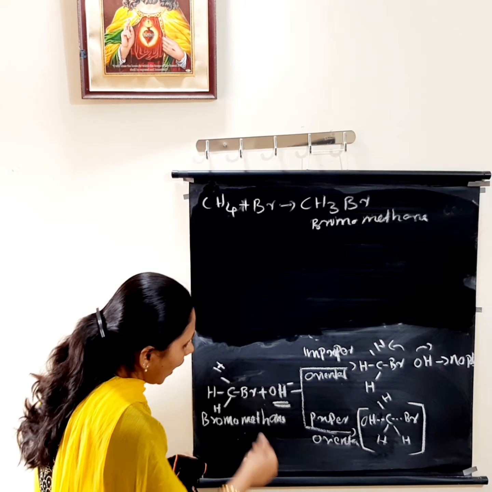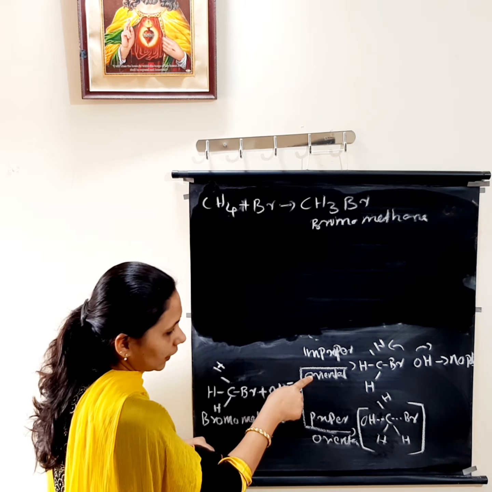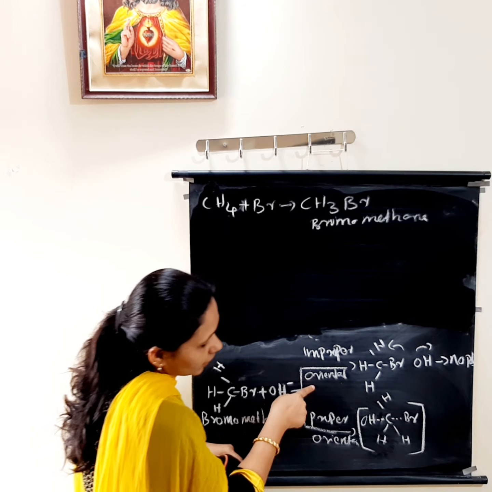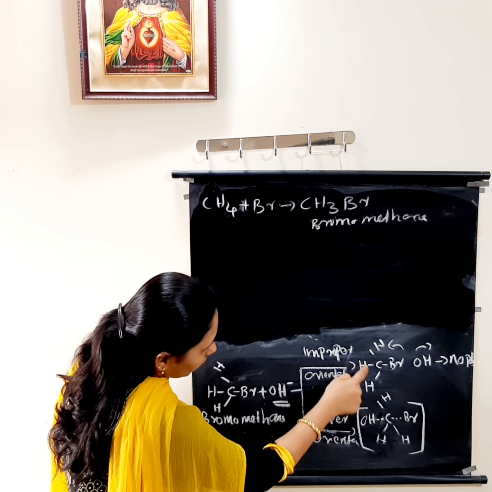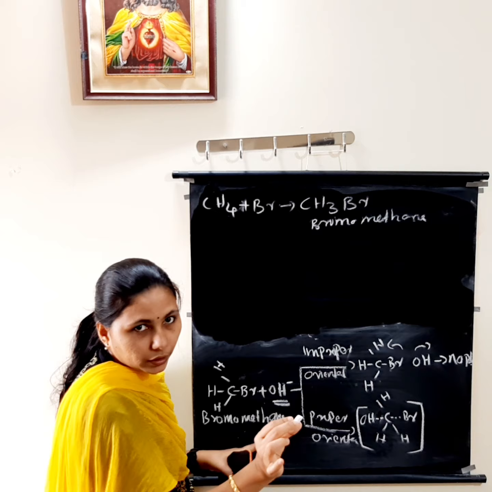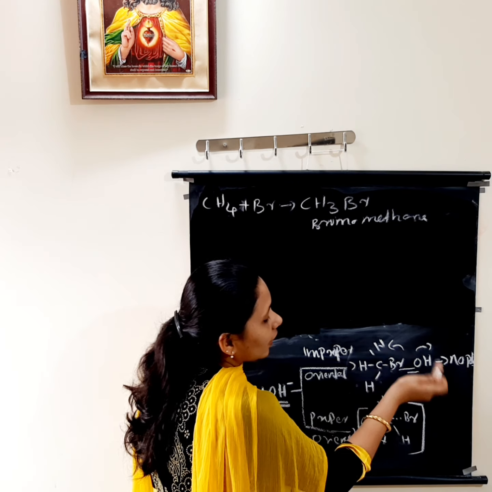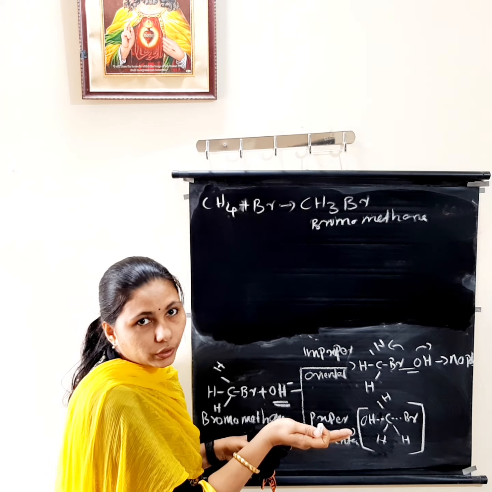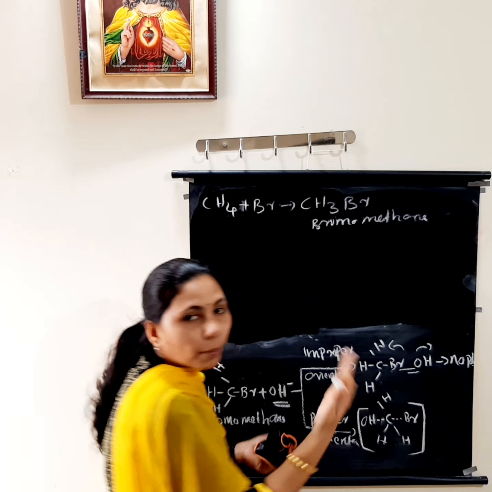First I will explain improper. Improper orientation means this is our bromomethane, CH3Br, not properly oriented. So they will not undergo effective collision and they will not undergo reaction. The reactant molecules just bounce back.